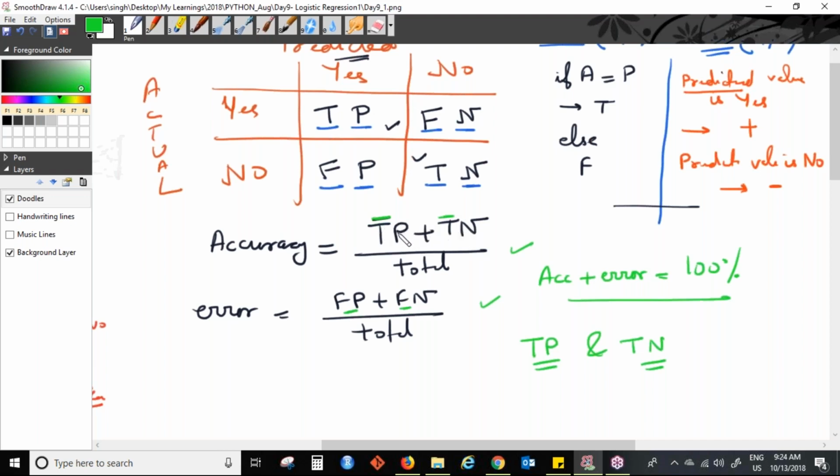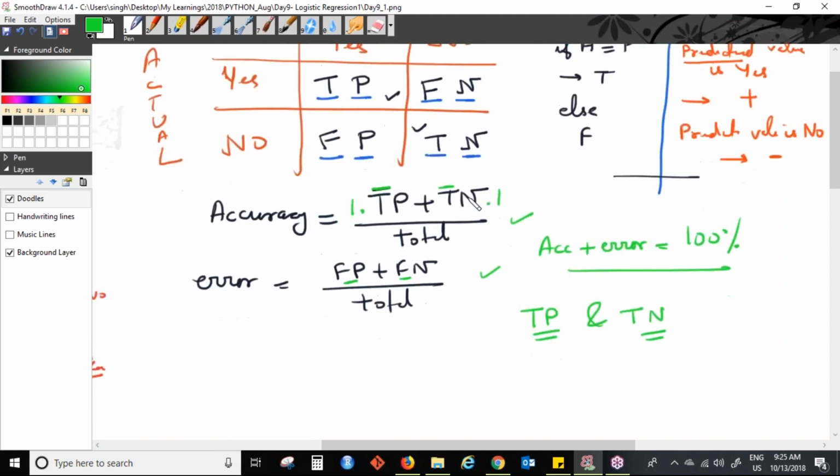So it is 1 into true positive plus 1 into true negative, meaning both have a weight of 1. But sometimes your business scenario will be such that you will have to give more importance to one of them.